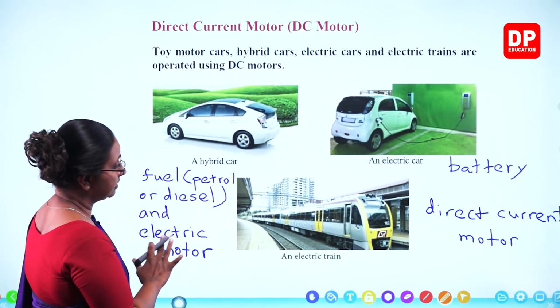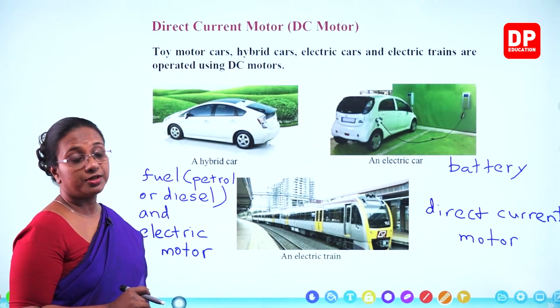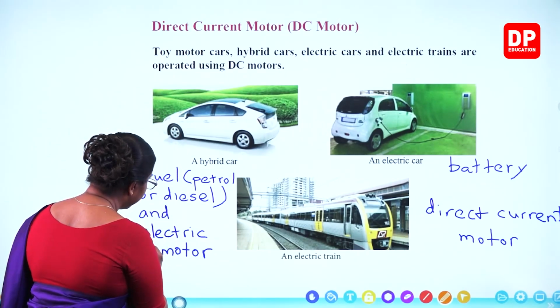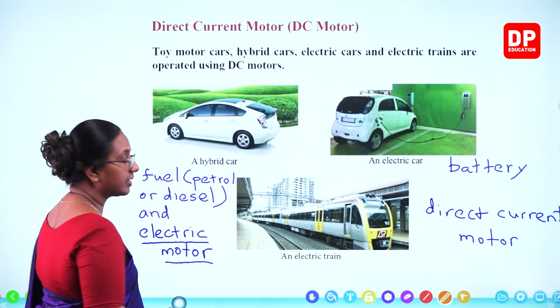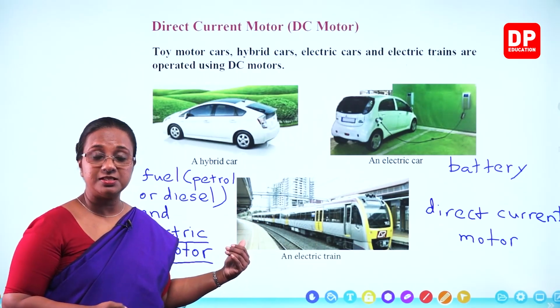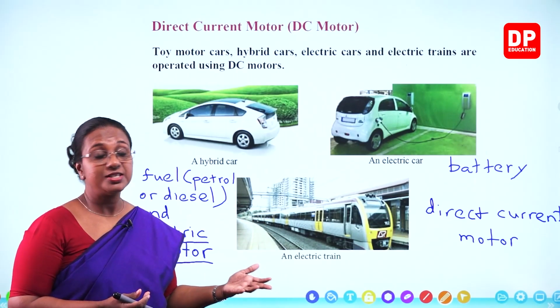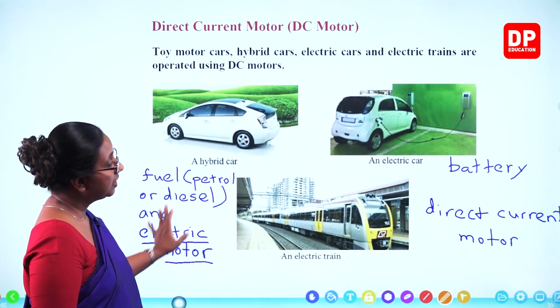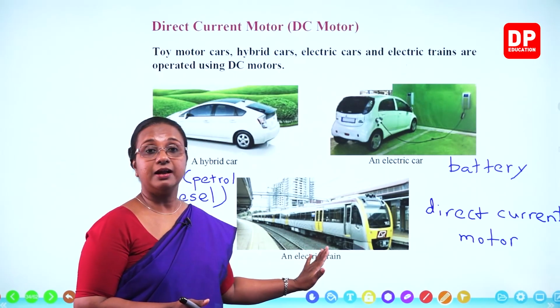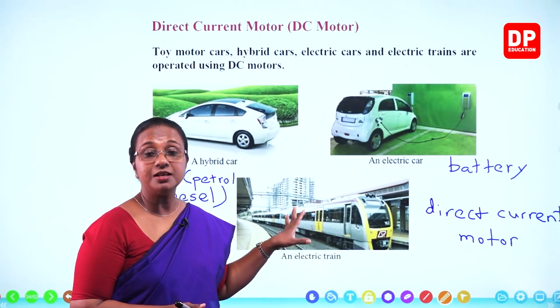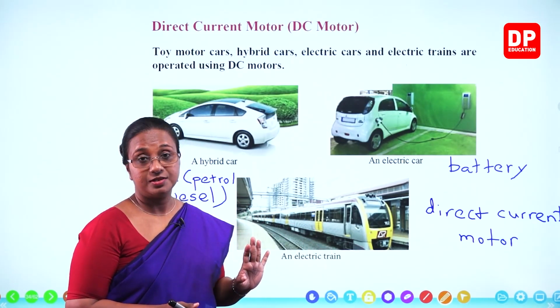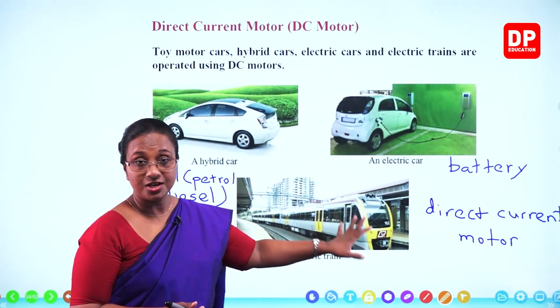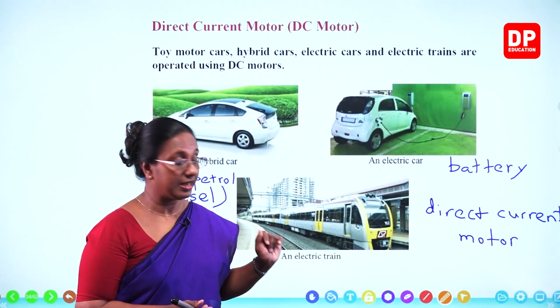So, in all these, even the toy motor cars, there is the electric motor. That is what we are concerned with because based on this principle, one of the applications is the electric motor. So in a hybrid car, there are two forms. Here, there is the direct current motor that drives the wheels. Is that clear, students? So that's just the introduction. With that, I'll move on to the next slide.